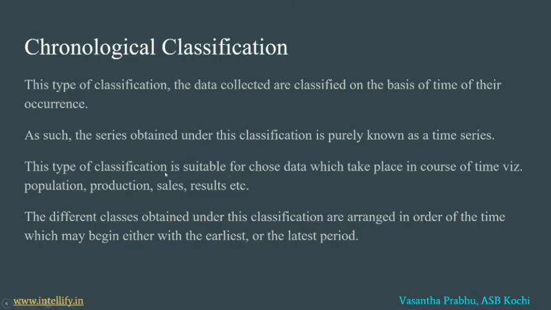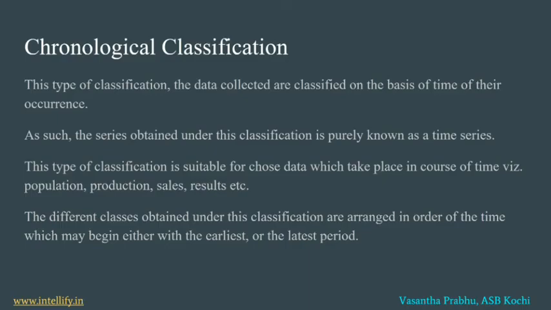This type of classification is suitable for data which take place in course of time. Examples: population, production, sales and results. So as I have said, it is purely based on time. If it is population, we can compare the population of the city in consecutive years, like 2019, 20, 21 and 22.